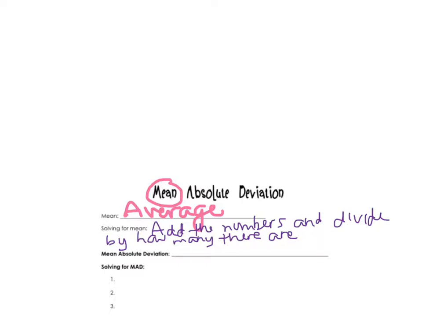So the mean absolute deviation is the mean, the average, distance. Distance actually goes with the word absolute. Absolute, if you remember from absolute value, that would look something like this, the absolute value of -6.